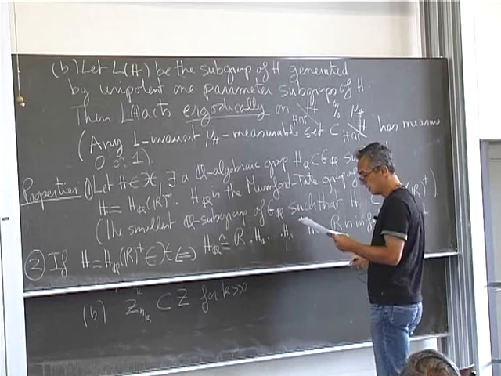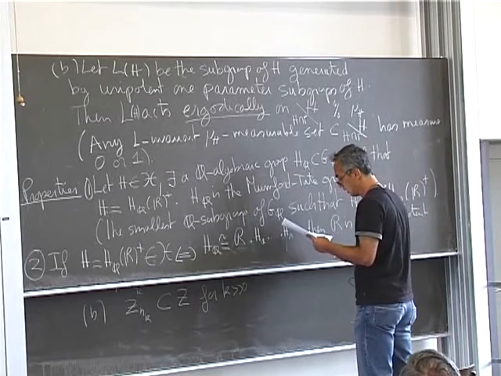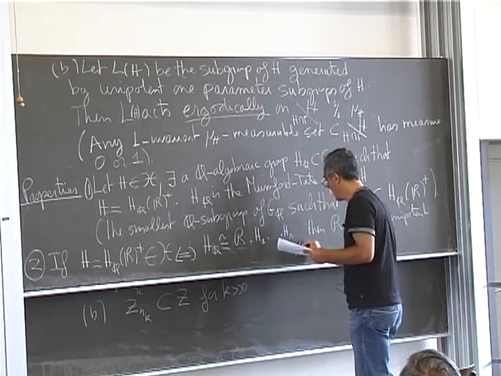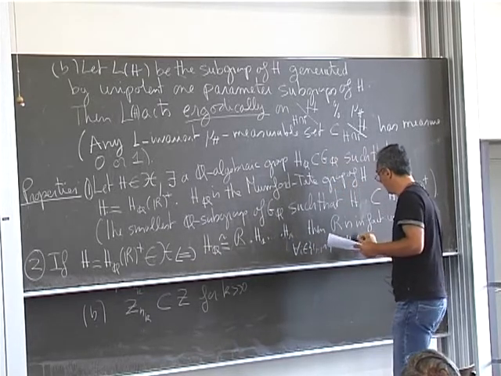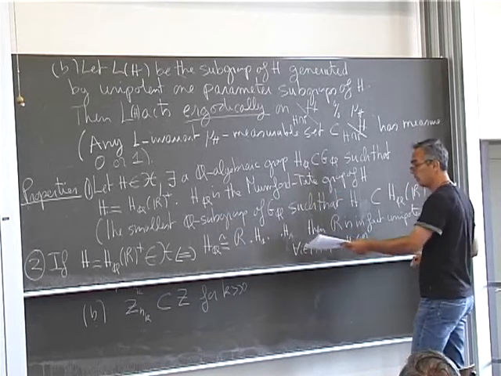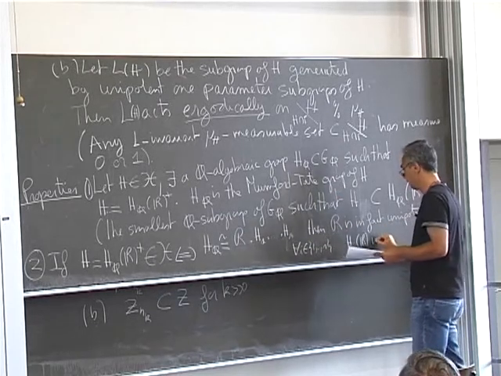And for all i, if you take the real points of H_i, which is a Q-subgroup, this is not compact.